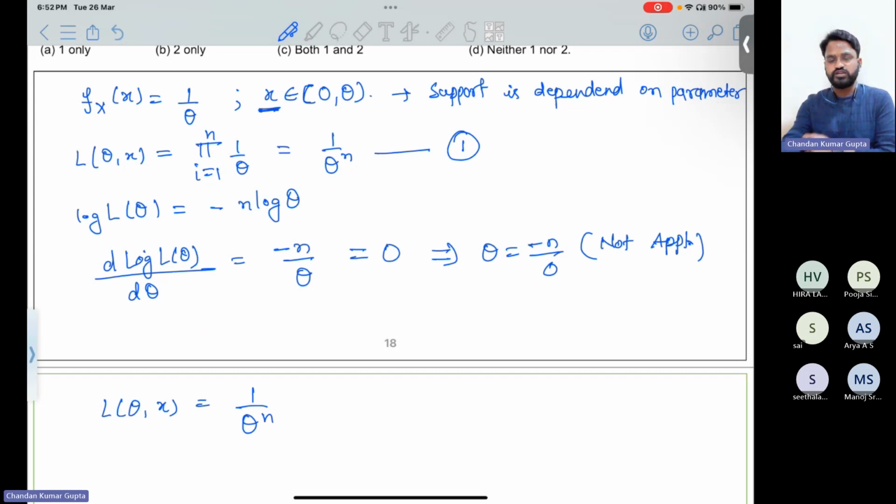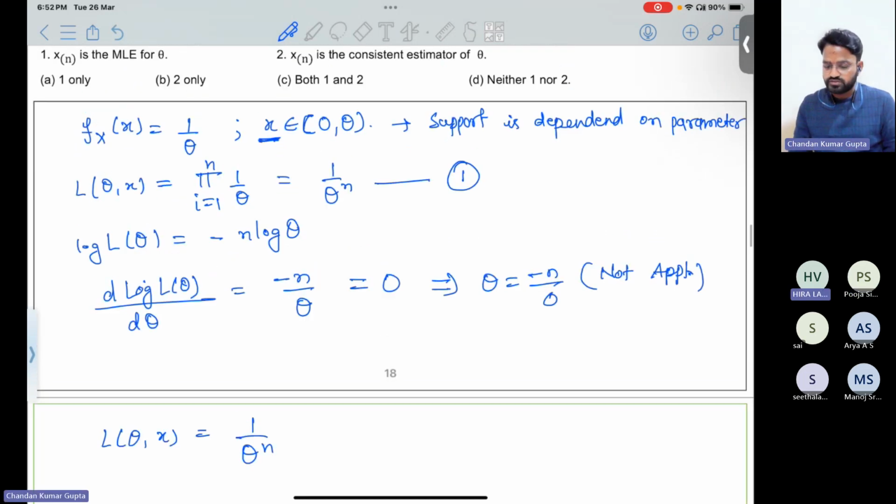Suppose for n equal to 1, as the value of theta increases, the likelihood value decreases. For a fixed value of n, if theta increases, the value decreases. The smallest value of theta gives the larger value of equation 1. Is it clear? Yes, sir.